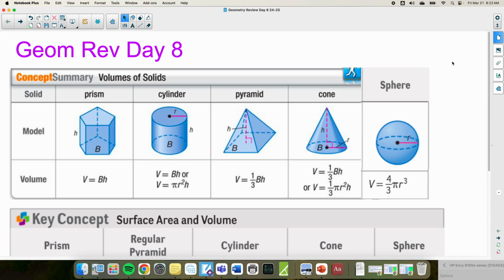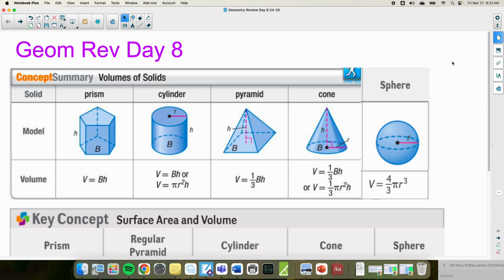First of all, for a prism, it's volume equals capital B, which is area of the base, and we would never have to do one that's not a rectangular prism, because you guys at this point do not know how to find the area of a pentagon, so they'd never give you that one.